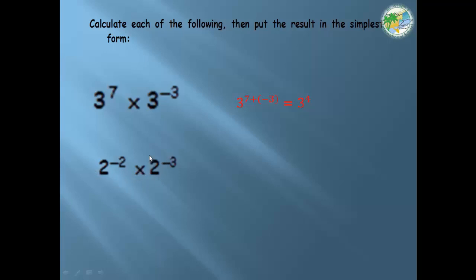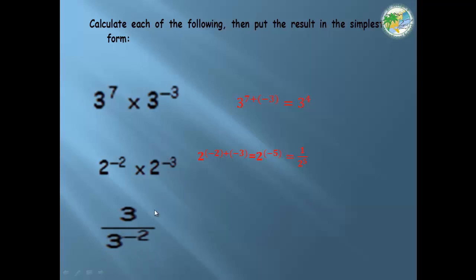The same base, so we add the powers. It will be 2 power negative 2 plus negative 3. Negative plus negative equals negative, so it equals 2 power negative 5, which equals 1 over 2 power 5. Fine.